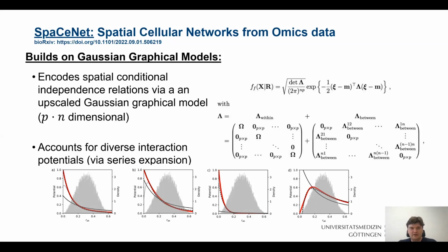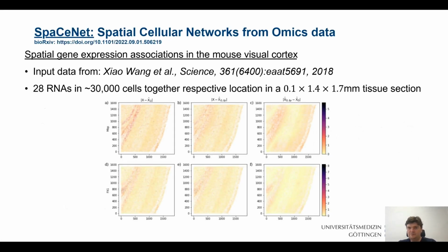I'd like to end with an illustration of how that works. Now we went a bit away from cancer and considered data from the mouse visual cortex, simply because appropriate data, that means a position in space and, corresponding to that position in three-dimensional space, also RNA expression, is still pretty rare.